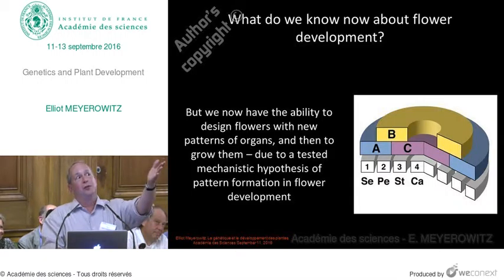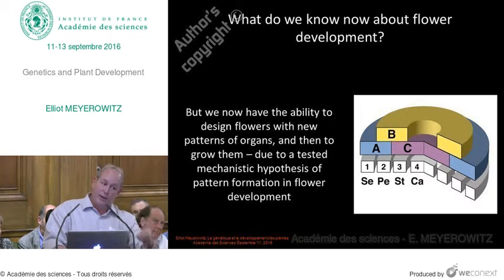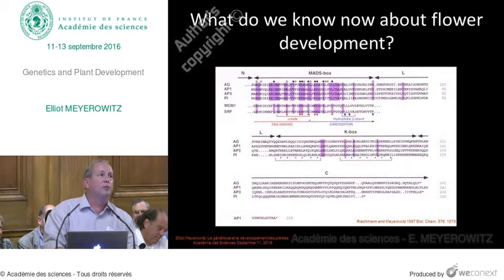But even without cloning them, we have the ability to design flowers with new patterns of organs and then to grow them, due to a tested mechanistic hypothesis, the very abstract hypothesis that involves regulatory genes that interact with each other and then create organ types by acting somehow within the developing flower primordium.